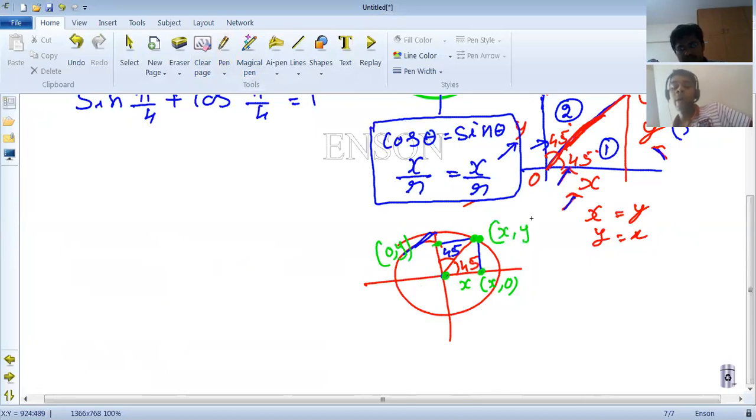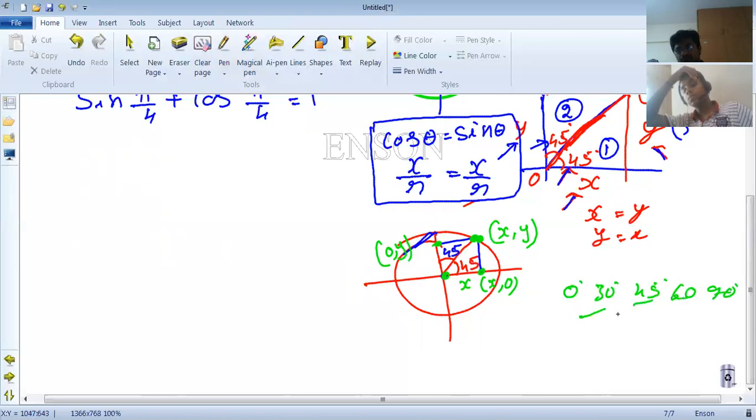So x comma y for different values of angles like 0 degrees or 30 degrees or 45 or 60, 90, whatever the angle it may be, you will get x comma y. But for only 45 degrees we can consider x is equal to y.